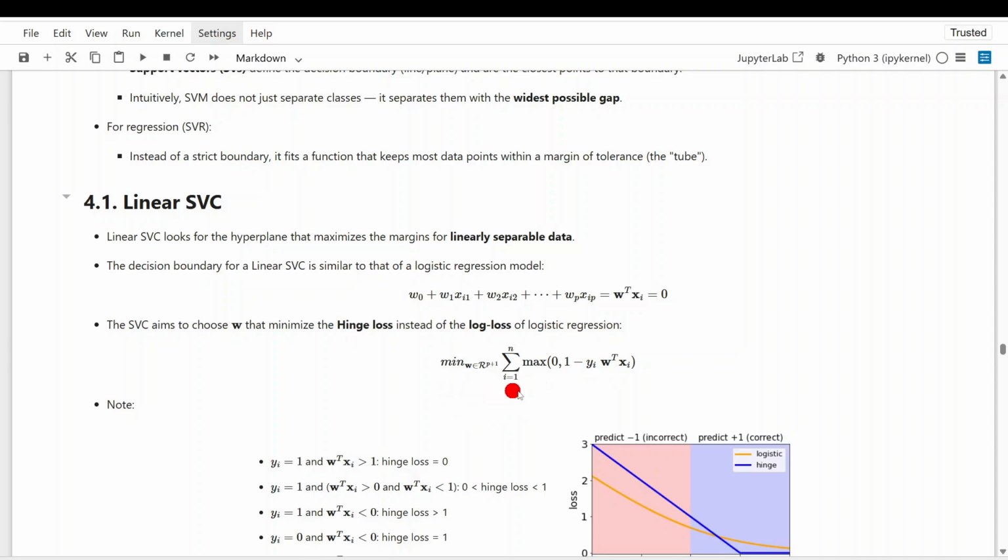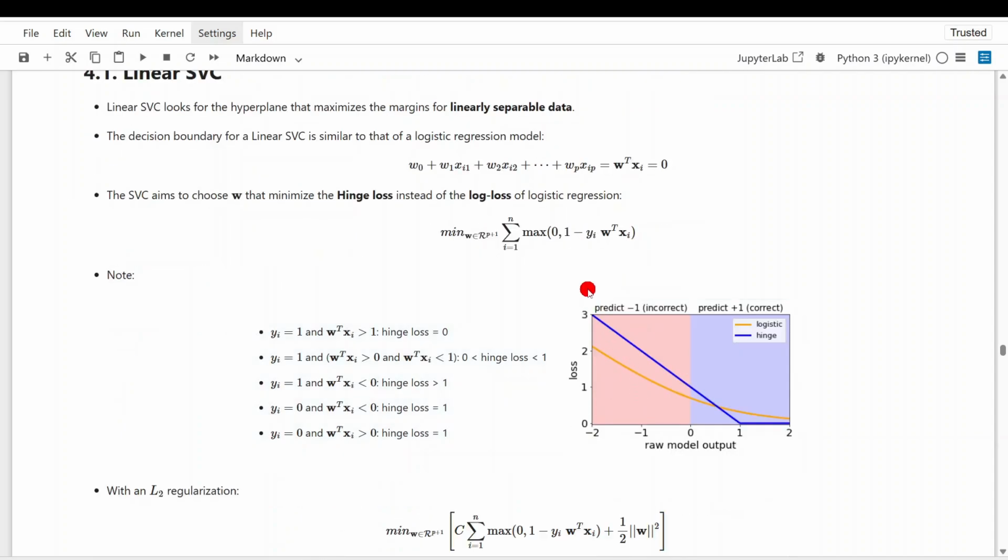So with this definition of loss function, for example, let yi be 1, and let this linear predictor have a value greater than 1. Now if yi is 1 and the linear predictor has a value greater than 1, then the product yi times W transpose xi will be greater than 1.